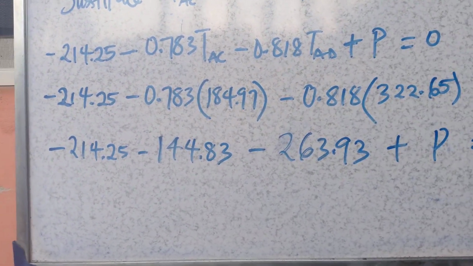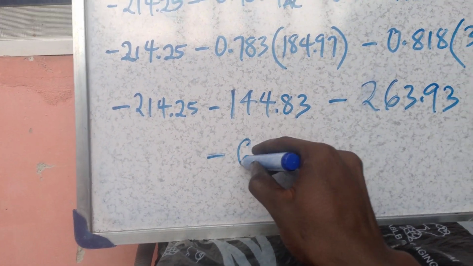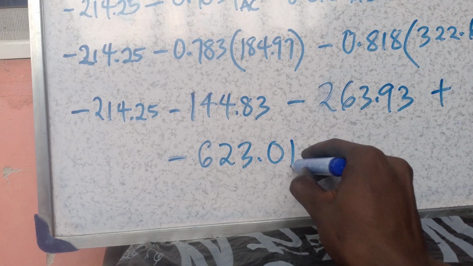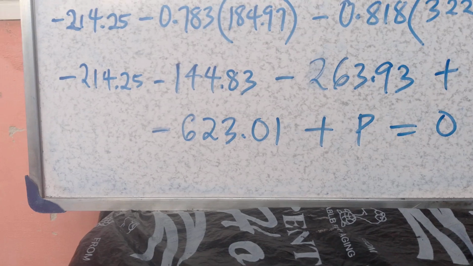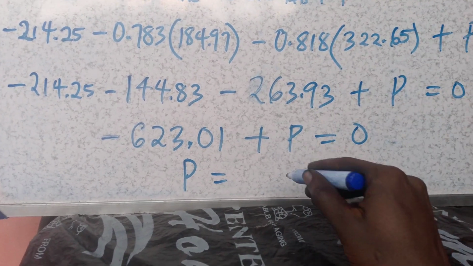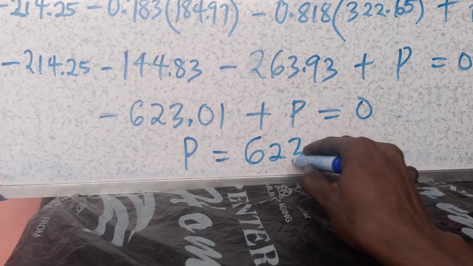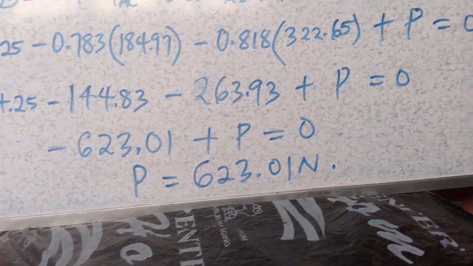Alright, so if I tackle everything now, this will give me minus 623.01 plus force P is equal to 0. So if I make P the subject of the formula now, carrying this one over here, force P will be equal to 623.01 kilonewton. Final answer.